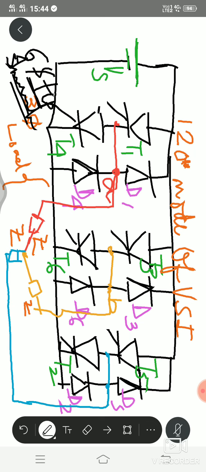Now, question arises: what is a step? Step is a kind of change of firing from one thyristor to another thyristor. Once again, I'm repeating, what is a step? Step is the change in the firing from one thyristor to another thyristor.